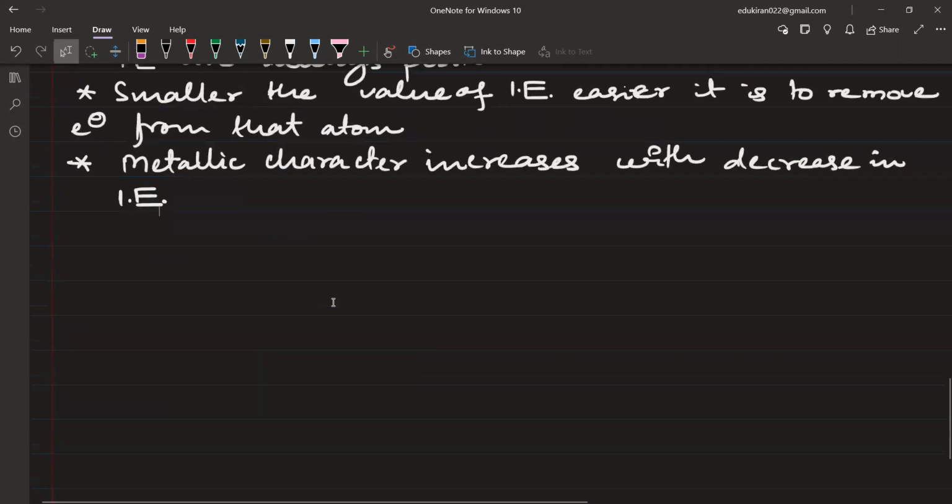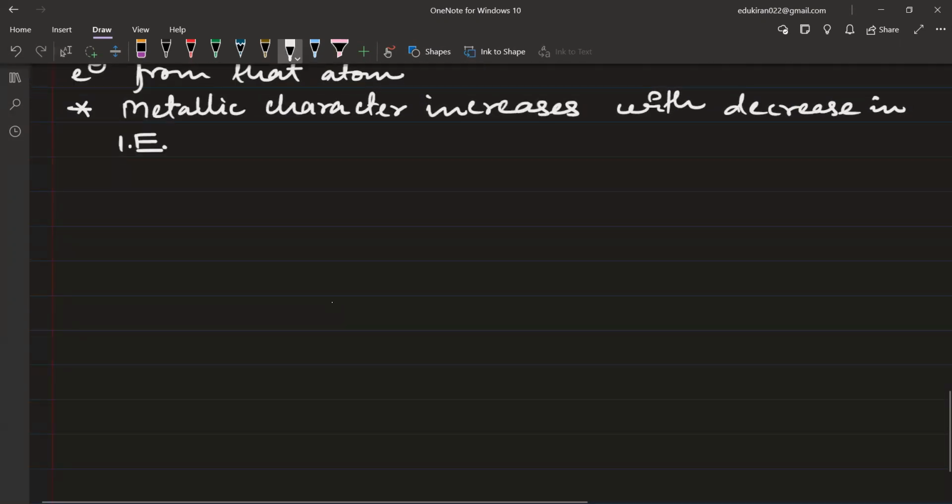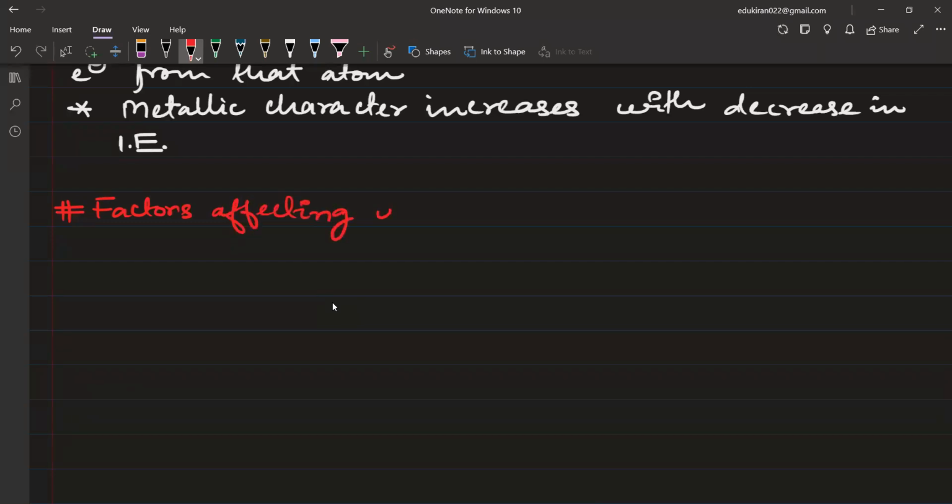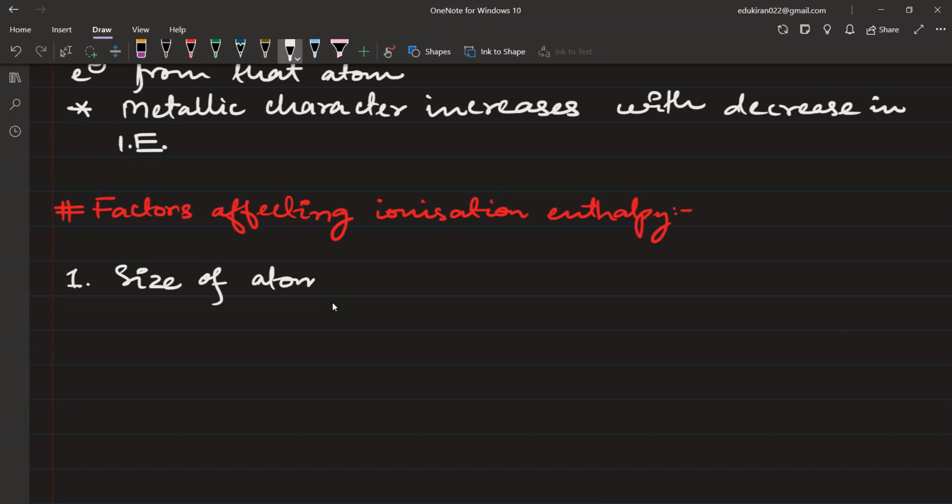Okay. Right, next. Factors affecting ionization enthalpy. Number 1. Size of atom.